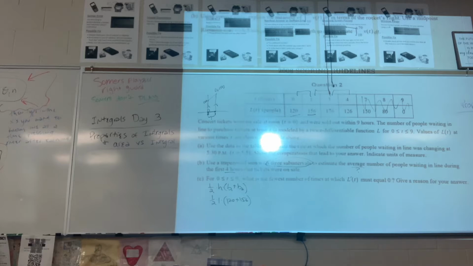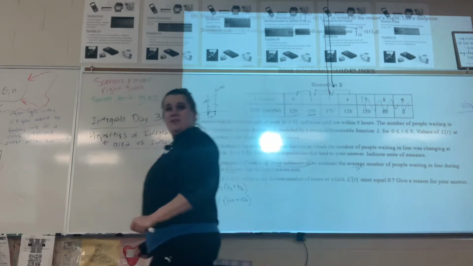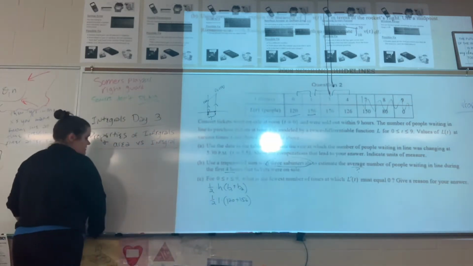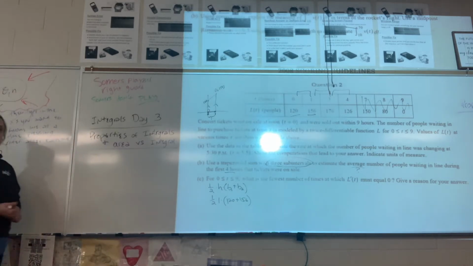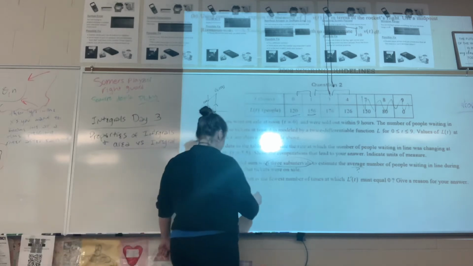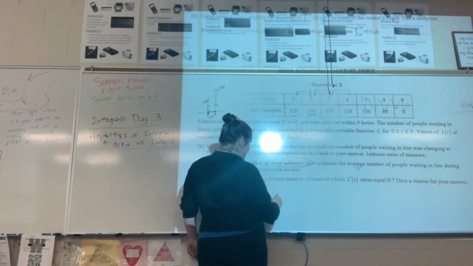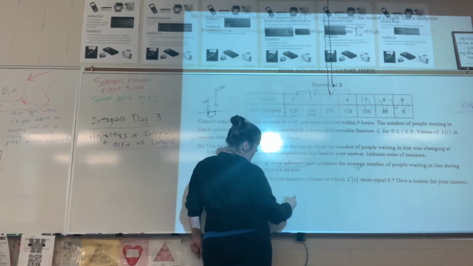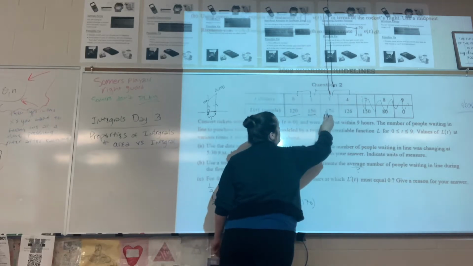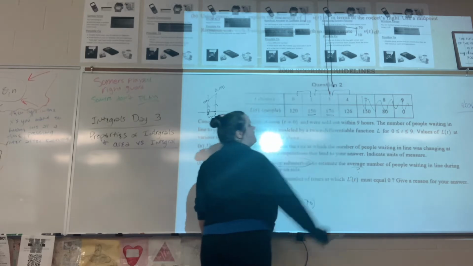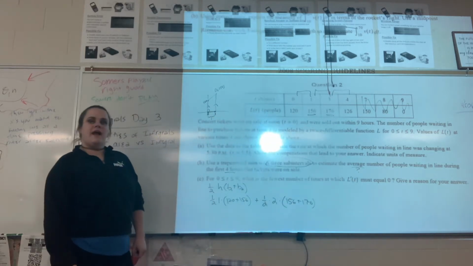Any questions on the first trapezoid from 0 to 1? We doing okay? Okay, so then let's do a better marker, because I deserve a better marker. Thanks. 1/2 times 2 times 156 plus 176, because this next one goes from 1 to 3, and those are my 2 heights, right?